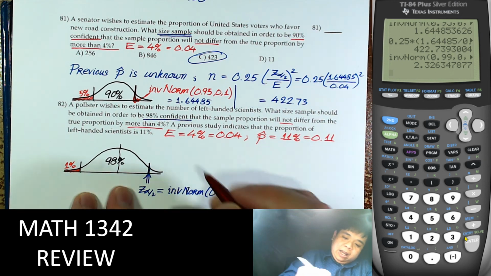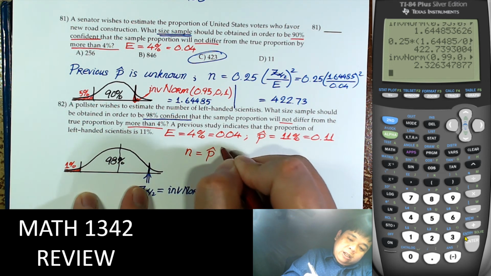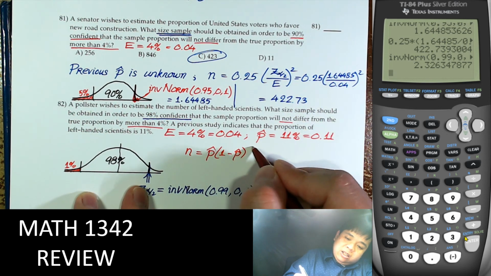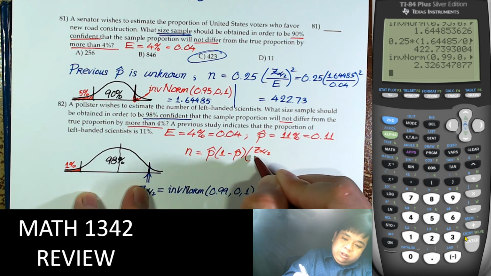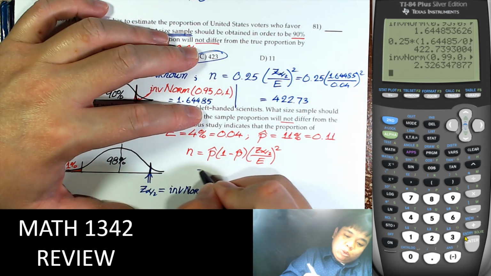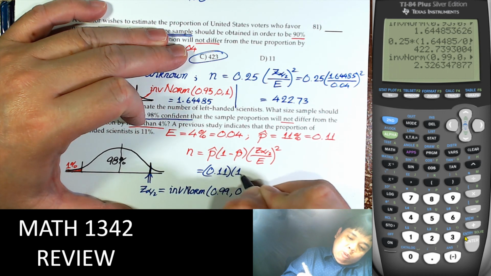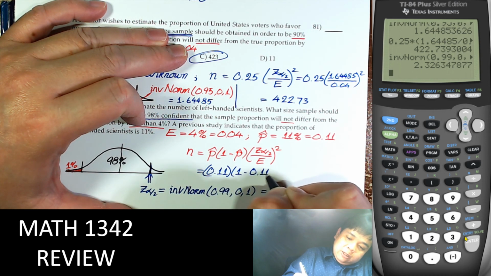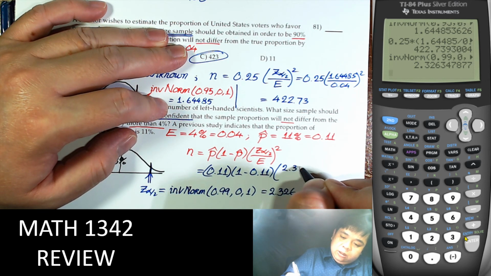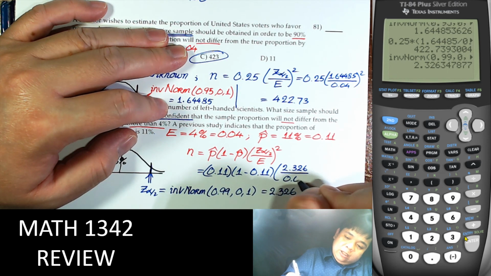Right, and the sample size will be equal to p hat times 1 minus p hat, times z alpha over 2 over E, squared. So we put in all the numbers we have: p hat, 1 minus p hat, z, over E squared.